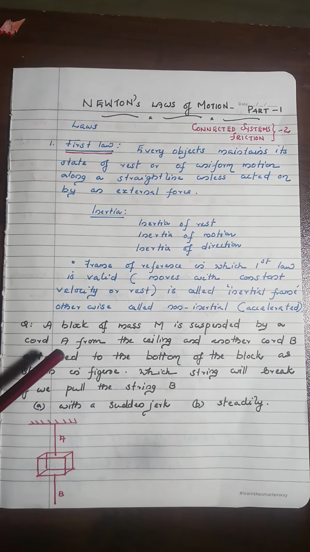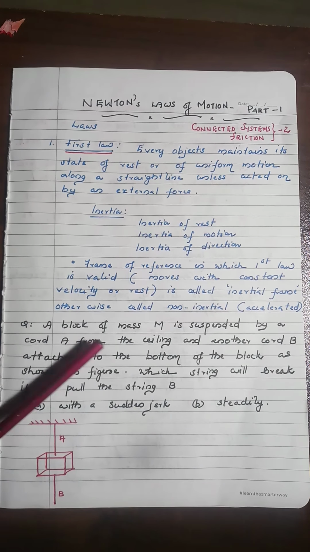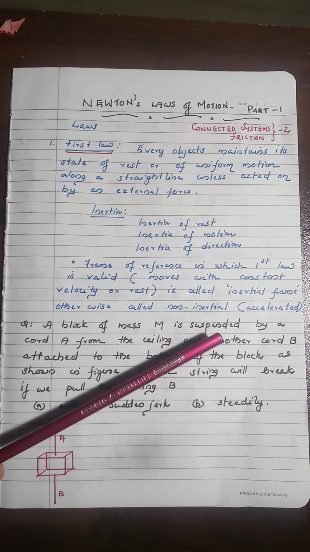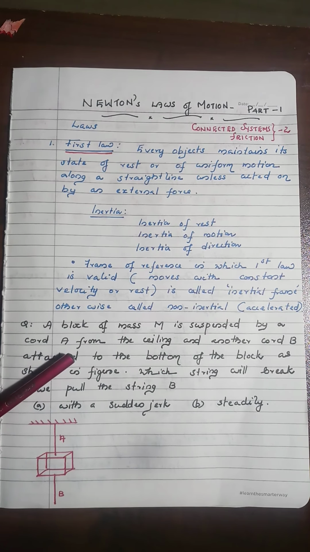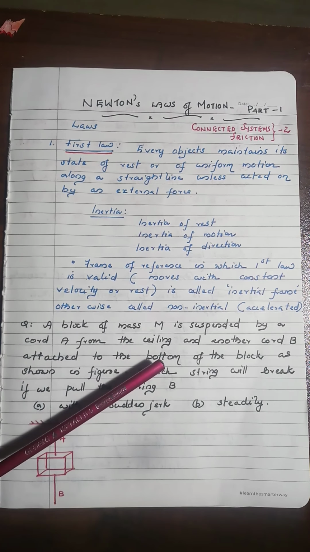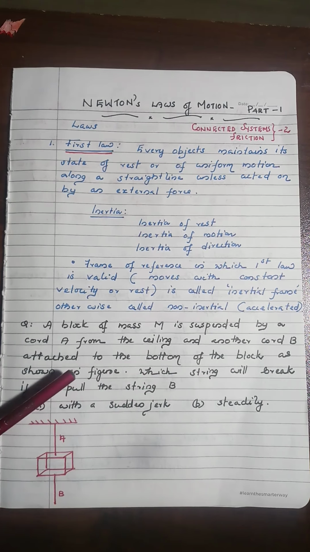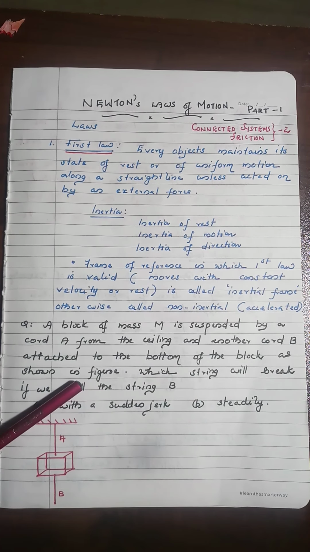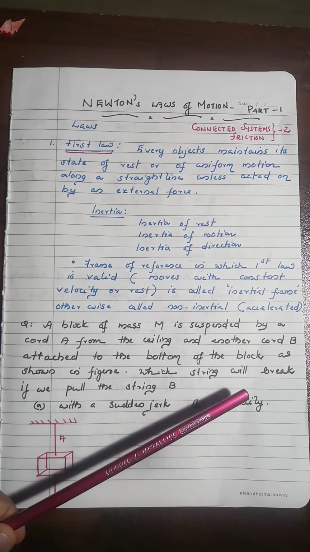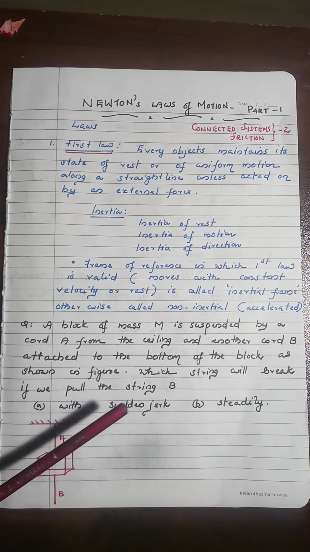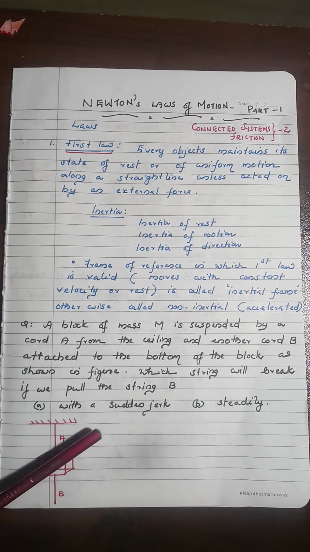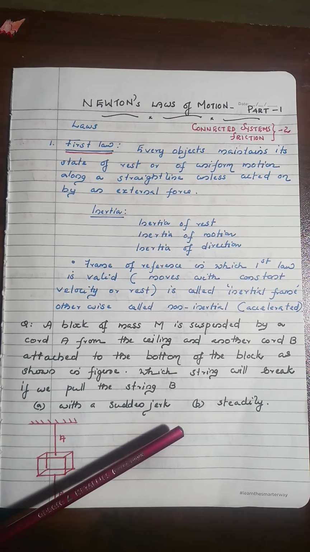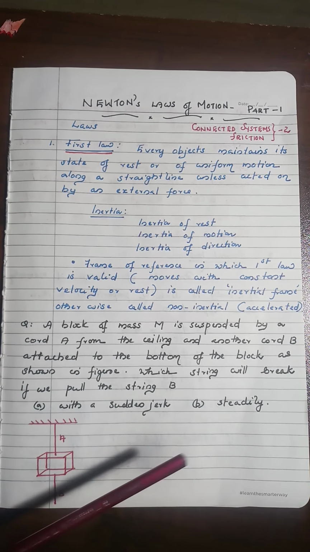We can go with one good question. A block of mass M is suspended by a cord A from the ceiling, and another cord B is attached to the bottom of the block as shown in the figure. Which string will break if we pull the string B with a sudden jerk and steadily?